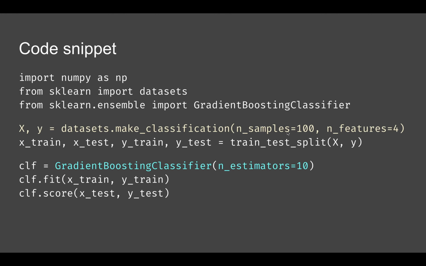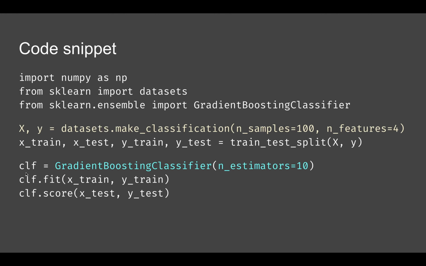You can specify the number of samples and number of features, and that's very easy to make X and y, and we can then use the train test split to split that. I should have mentioned here from sklearn import model selection, because train test split would need that library. I've not included that here.